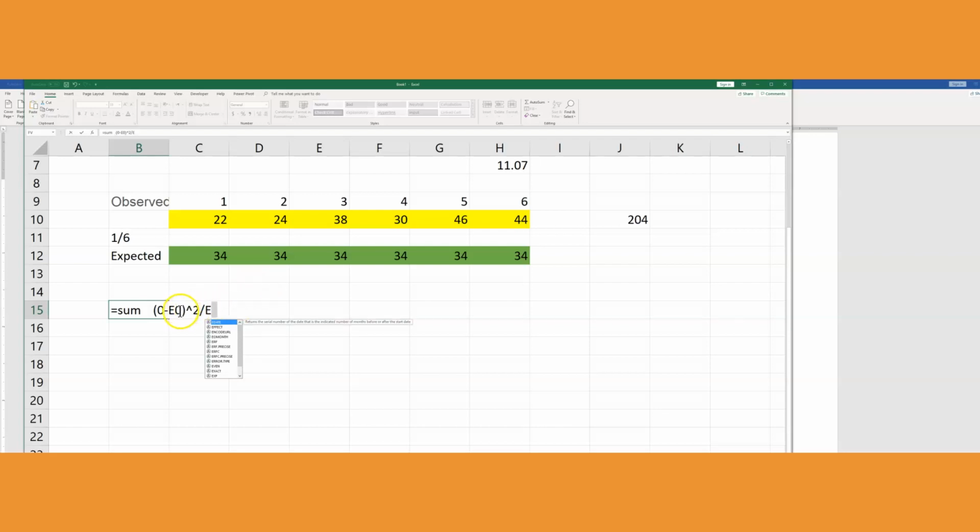The observed value minus the expected value, both raised to the square, and that is going to be the sum of all of them.